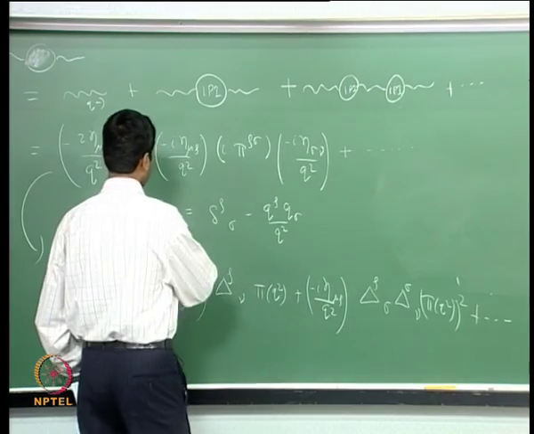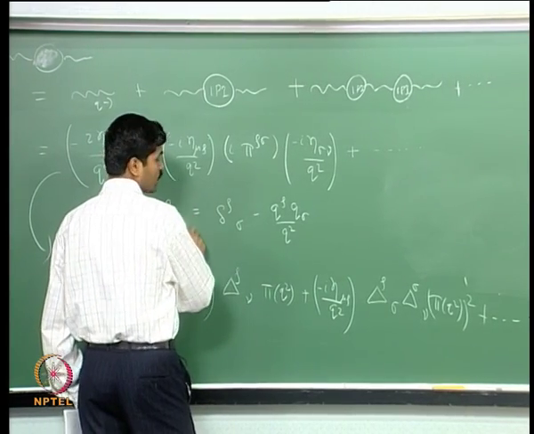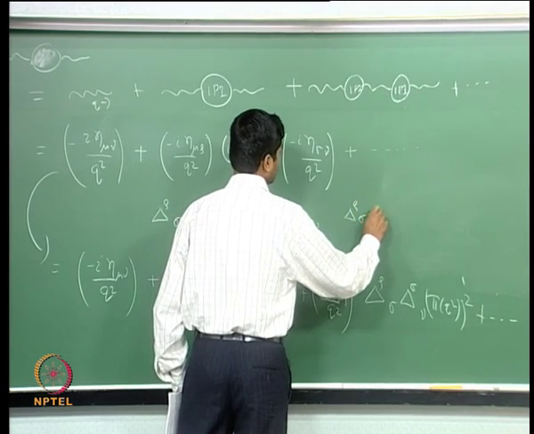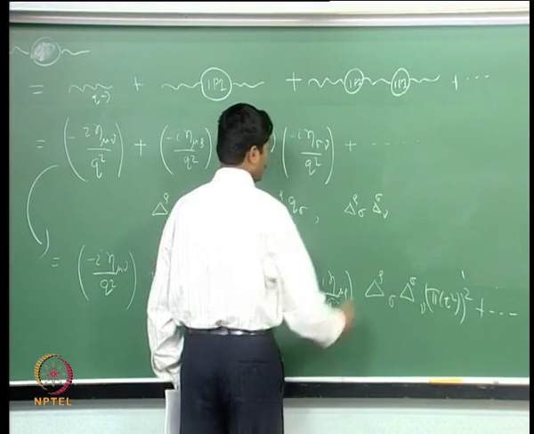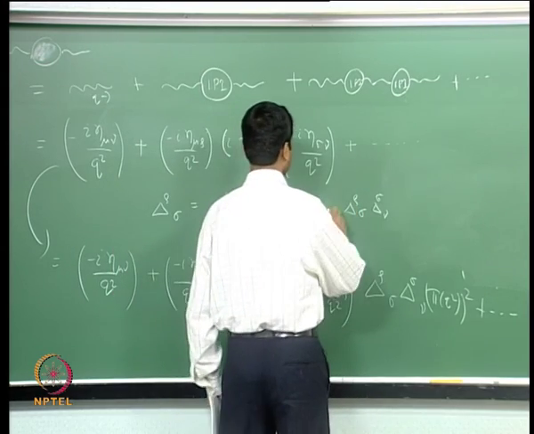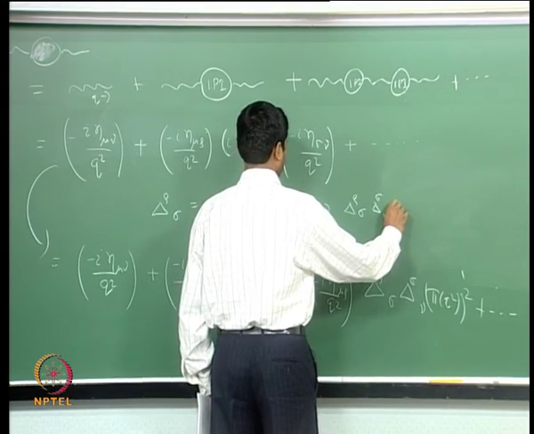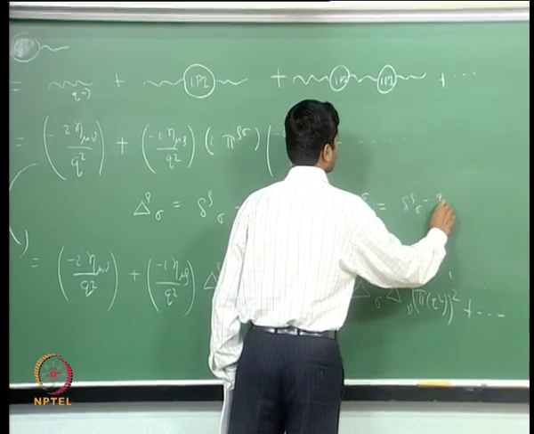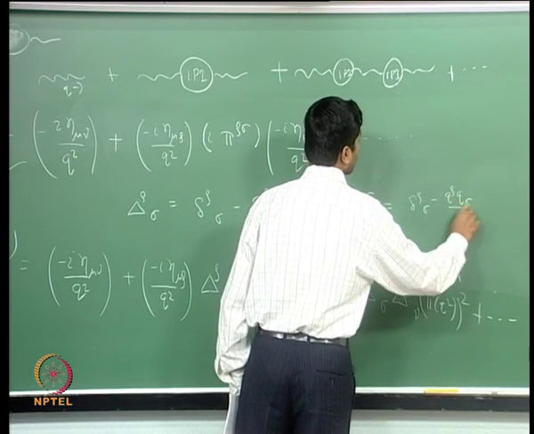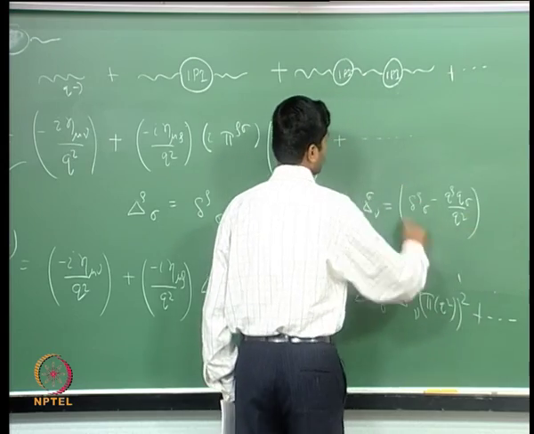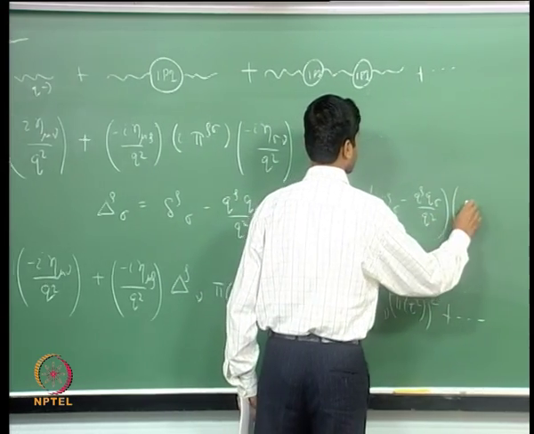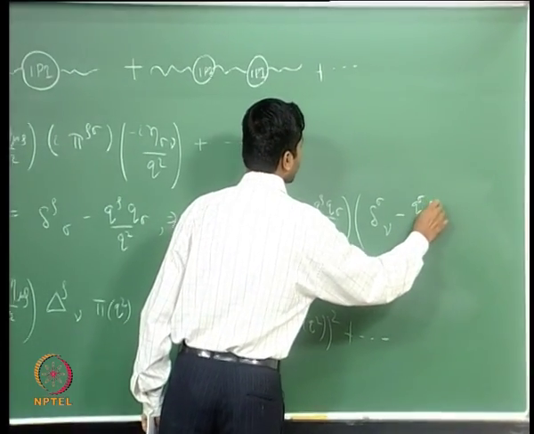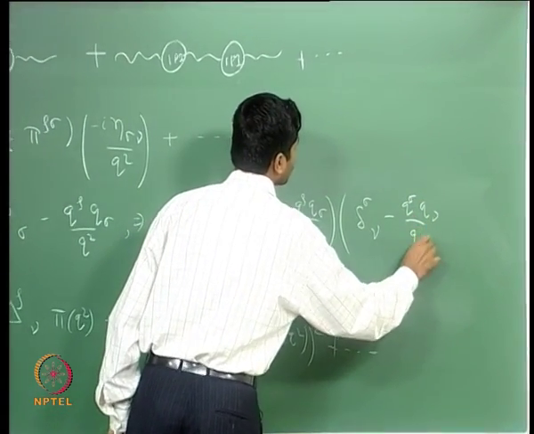Now, you notice if this is our delta rho sigma, then delta rho sigma delta sigma nu is merely given by delta rho sigma minus q rho q sigma over q square, times delta sigma nu minus q sigma q nu divided by q square.